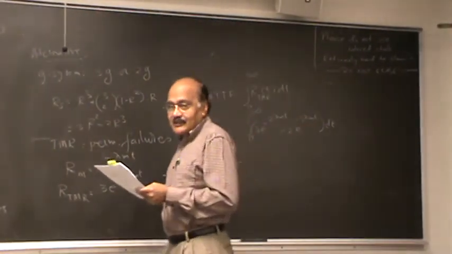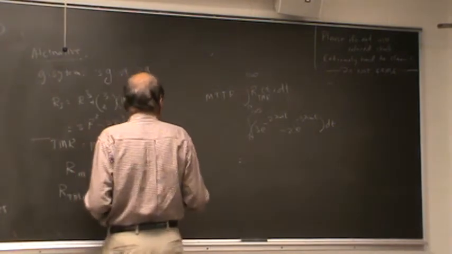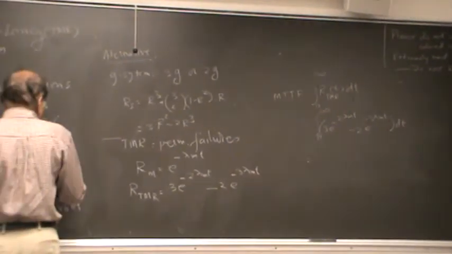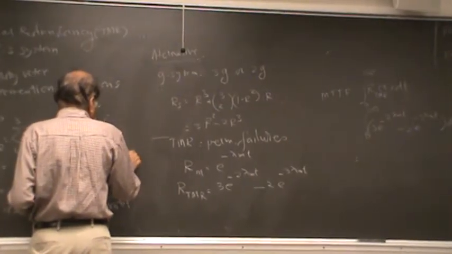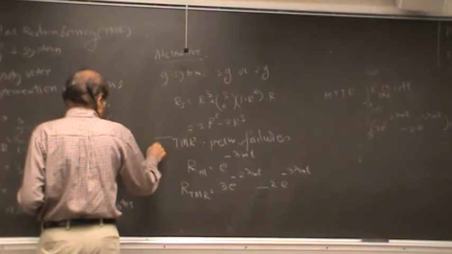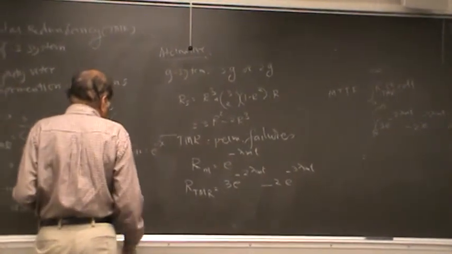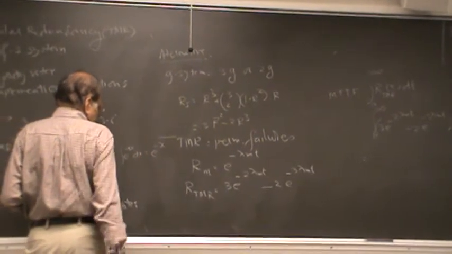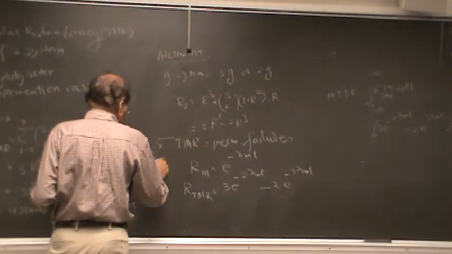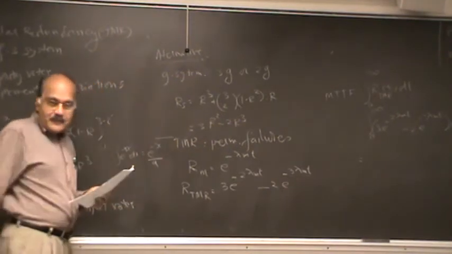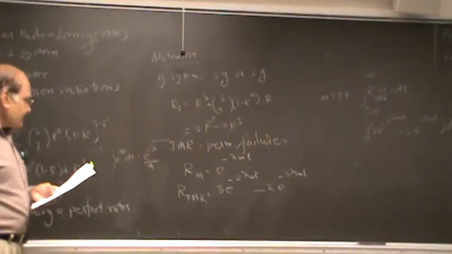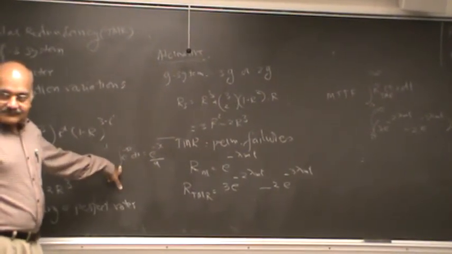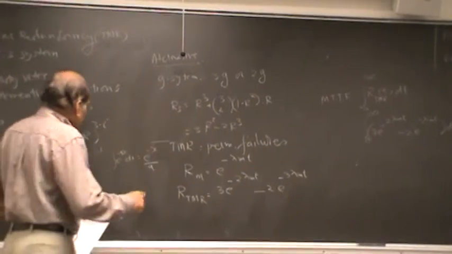Now remember, one thing you should remember in integral calculus is that the integral of e raised to minus x dx is equal to minus e raised to minus x. Of course, if you have e raised to minus ax, then it has to be divided by a. Is that correct, the minus sign?